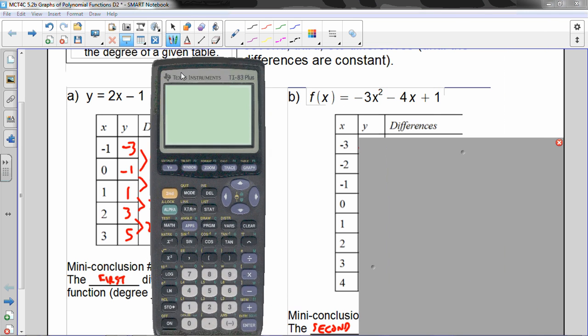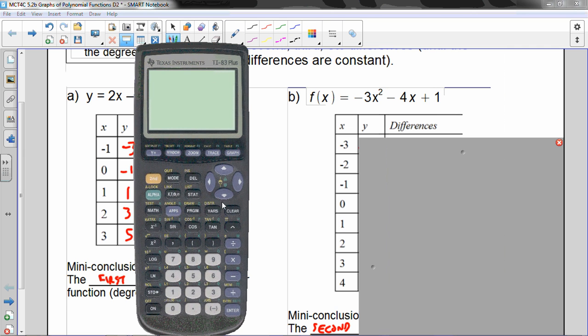There are two ways the graphing calculators can help us with this sort of thing. That's the stuff from last day, so I'm going to clear all that out. One way is to type in the equation, -3x² - 4x + 1, and then use the graph.